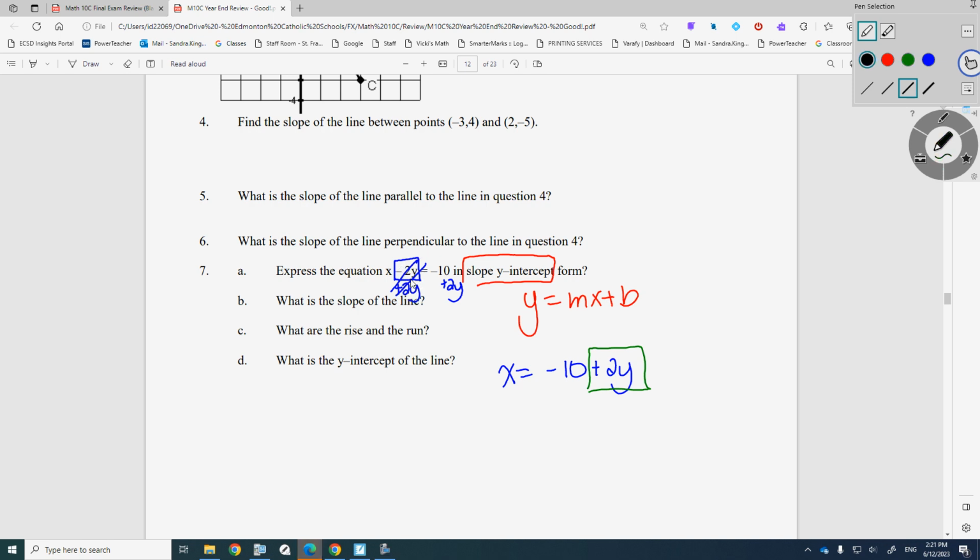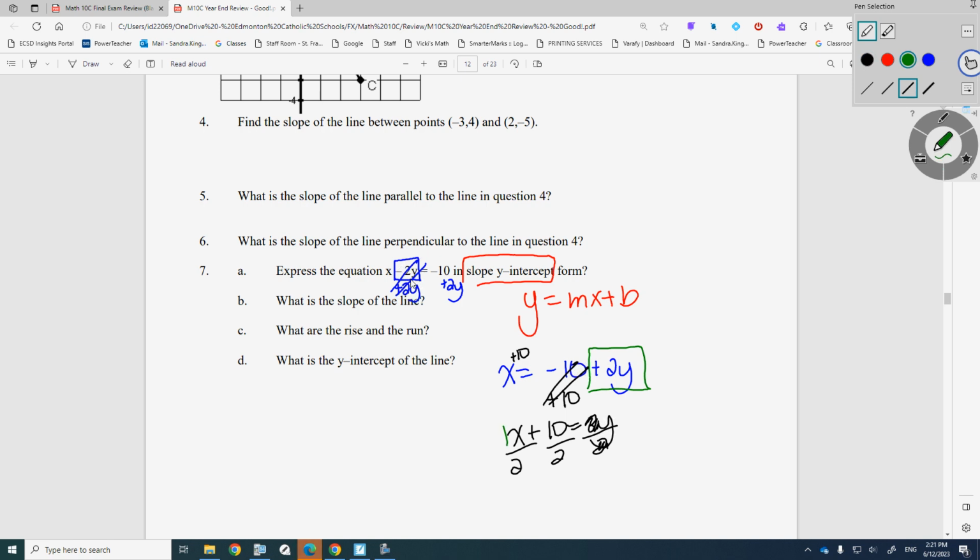Ruby, what do you want to do to get rid of the negative 10? Add 10 to both sides. And I'll have x plus 10 is equal to 2y. And then Chris, from here, to get y by itself, divide by 2, divide by 2, divide by 2.